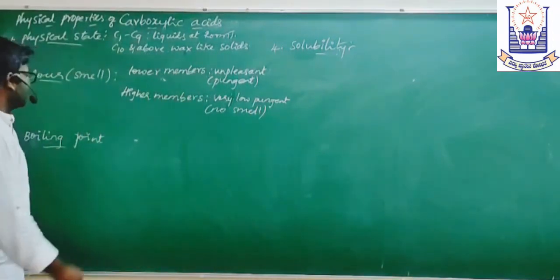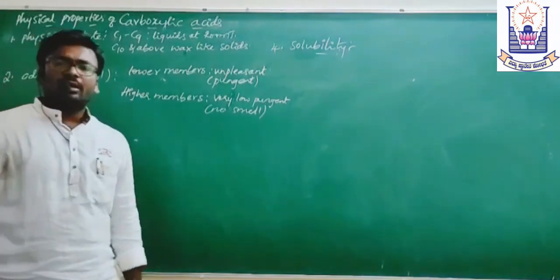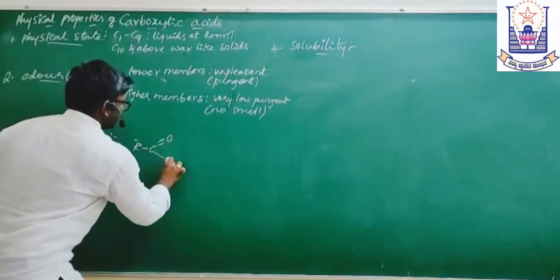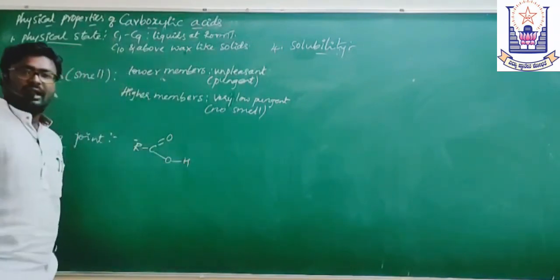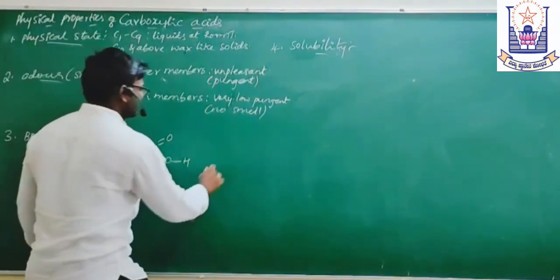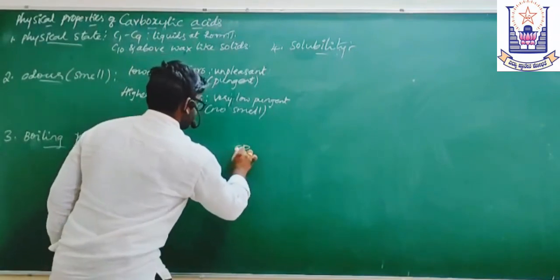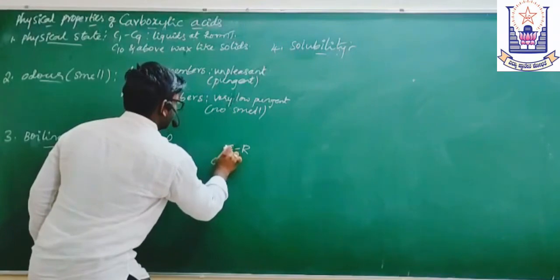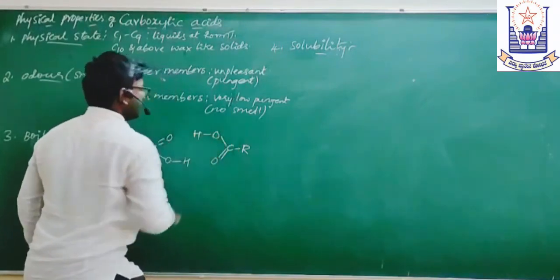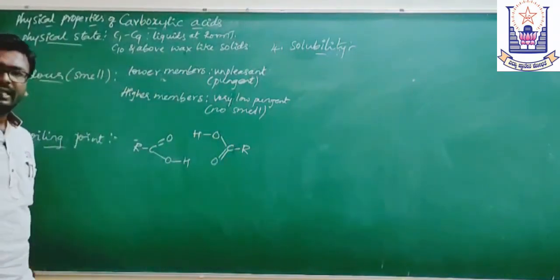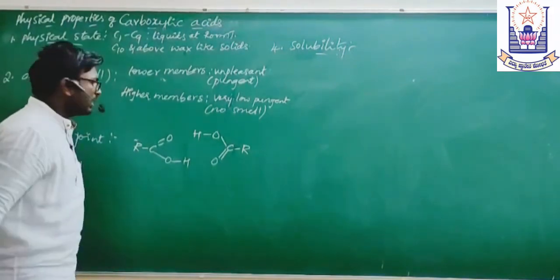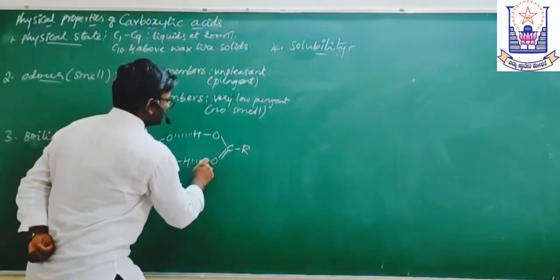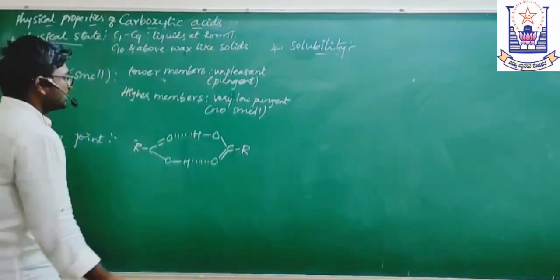Come to the boiling point. When you take carboxylic acids, this is the structure, and take one more carboxylic acid like this, C double bond OH. See, when two carboxylic acid molecules are together, both are polar, and here intermolecular hydrogen bonding exists.